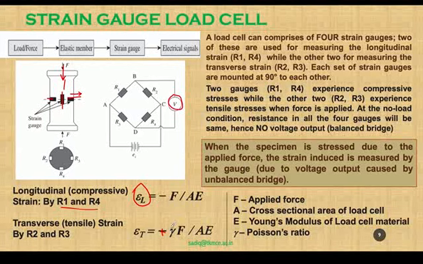There is an element gamma, which stands for Poisson's ratio. So the resistance offered by R2 and R3 is an indication of the strain happening in the transverse direction, and that is given by the equation gamma F by AE. If one is taken as negative, the other one is taken as positive.